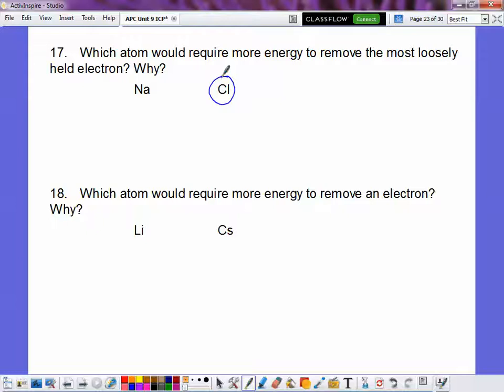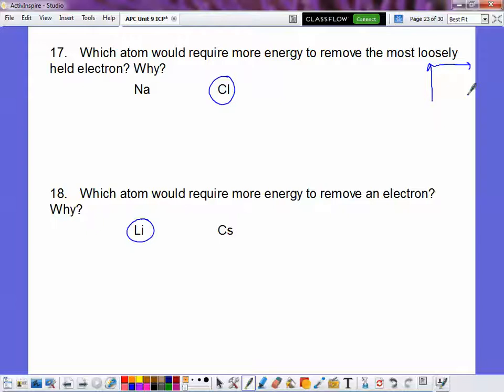Between lithium and cesium, which one has a higher ionization energy? Lithium. Because remember, the overall trend for ionization energy is up and to the right, and none of these examples were within our exception.